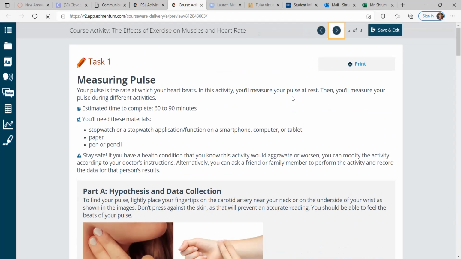So we need some type of stopwatch or application that can track time. So you can use your computer, your smartphone, tablet, watch if you have one of those, paper, pen, or pencil, or you could just type things onto the computer as well.